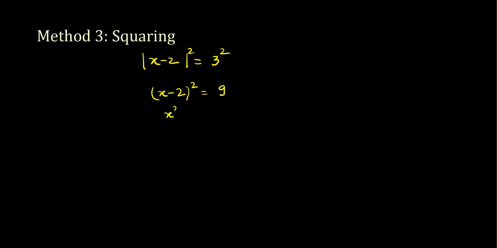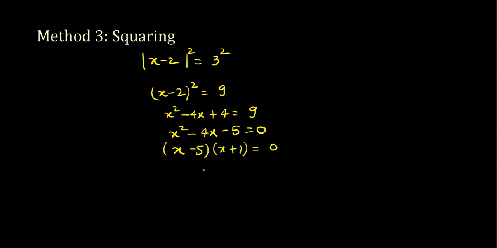So this is x square minus 4x plus 4 is equal to 9. X square minus 4x minus 5 is equal to 0. So x minus 5 and x plus 1 is equal to 0. That means value of x is minus 1 and plus 5.